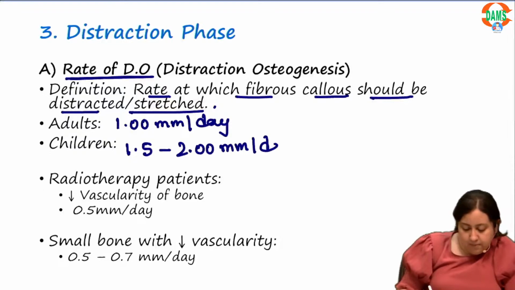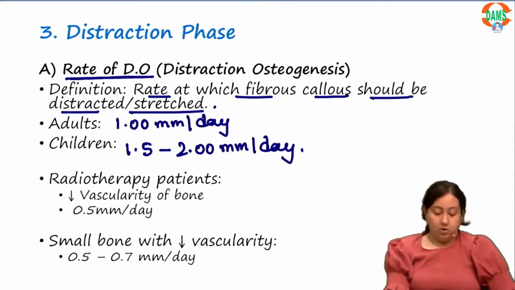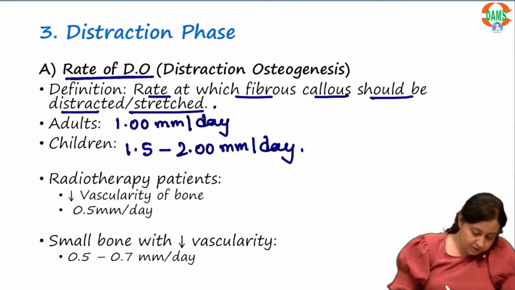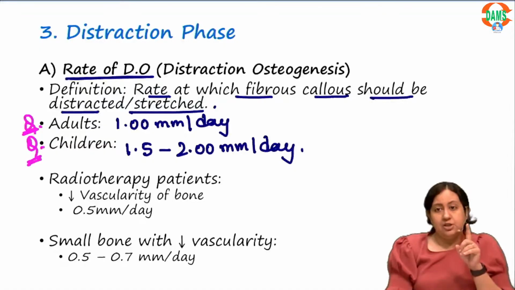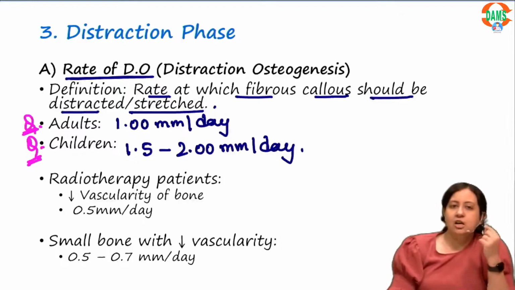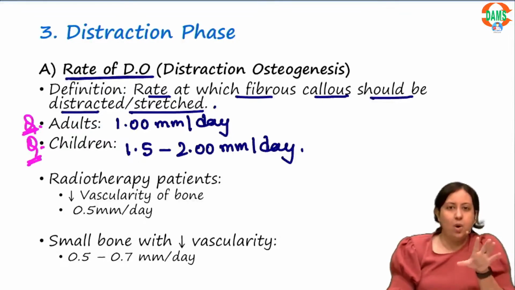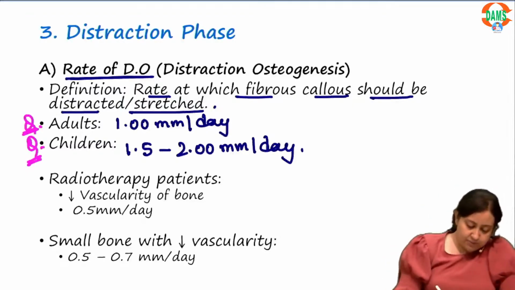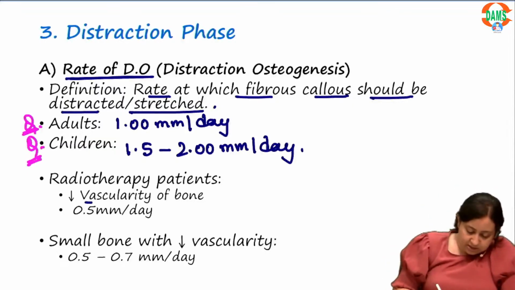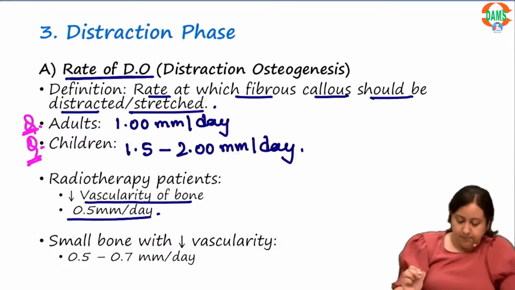2 mm per day. Okay, now these are your questions. These are important. You have to remember these two things. So that means in an adult patient, you can stretch the callus by only 1 mm per day. In children, it can be slightly higher, 1.5 to 2 mm per day. Okay. Now for radiotherapy patients, because the vascularity of the bone is decreased, the rate is 0.5 mm per day.